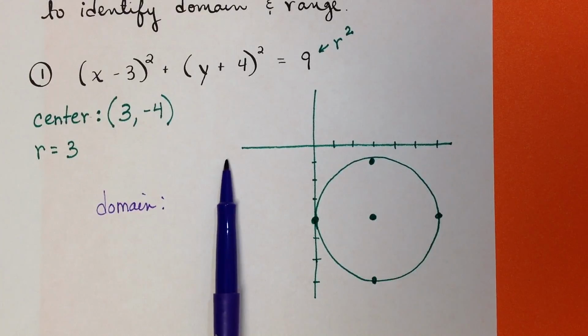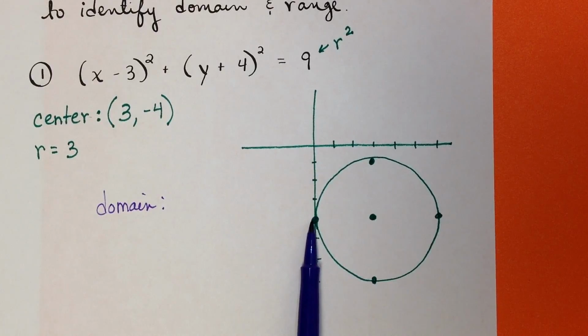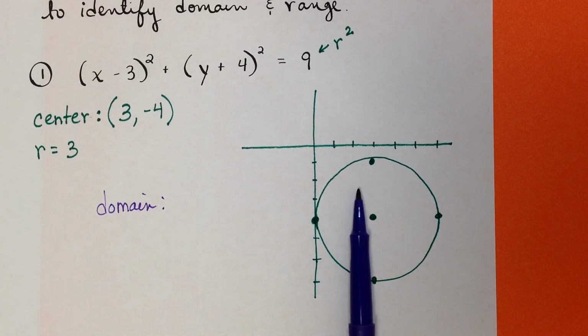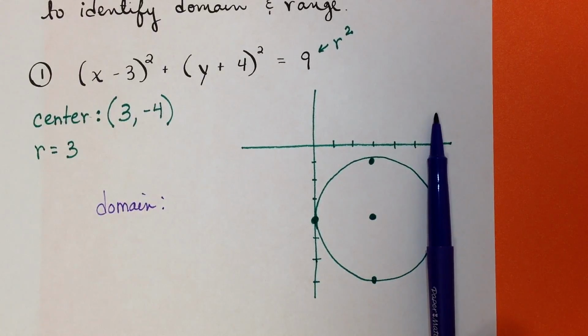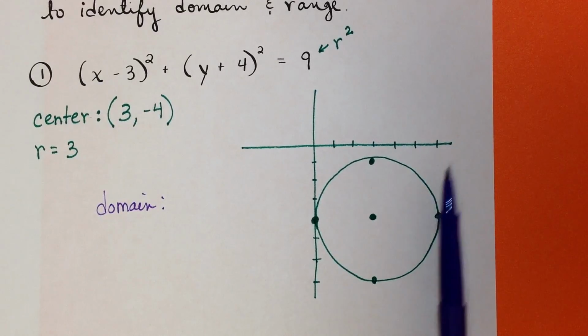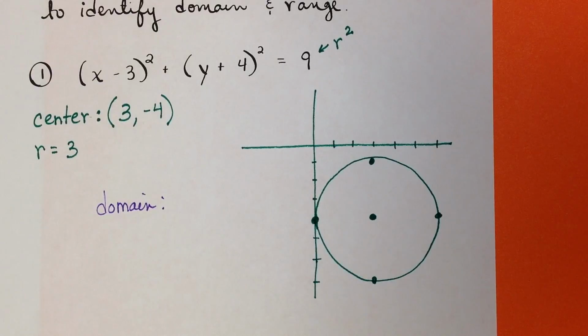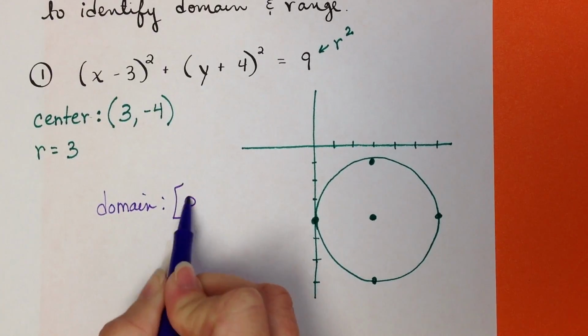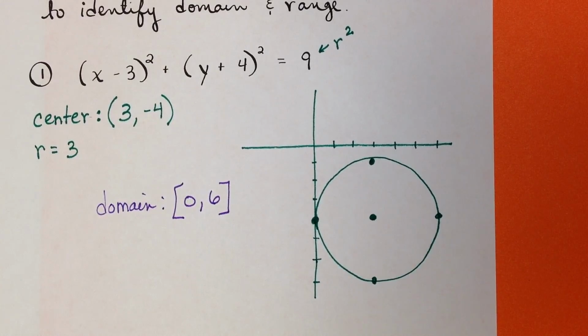The first x value that is used by this graph is right here, which would be at x equals 0. Of course, all of these points across through here, these x values are on your graph, but it does stop when you get here. So I do believe that's 6: 1, 2, 3, 4, 5, 6. Yes. So your domain goes from 0 to 6, which you do include those values because those points are included.